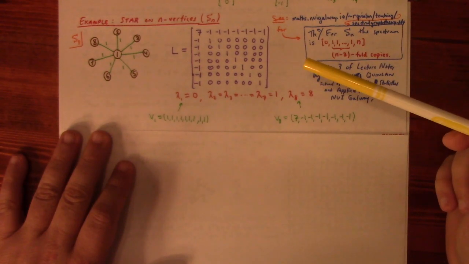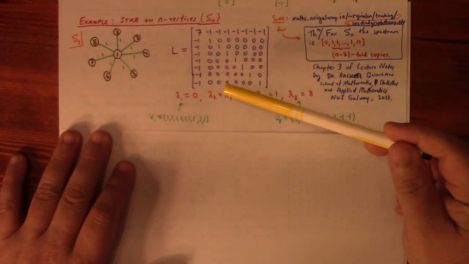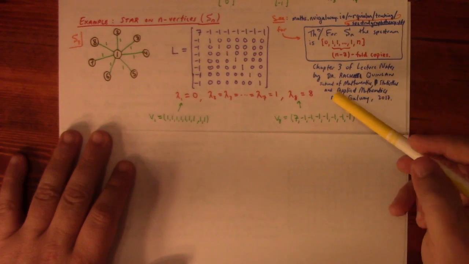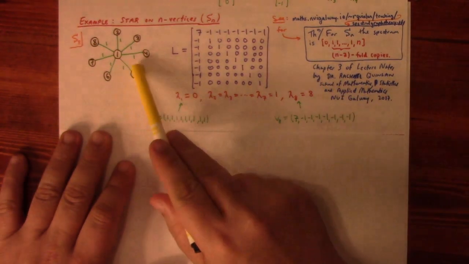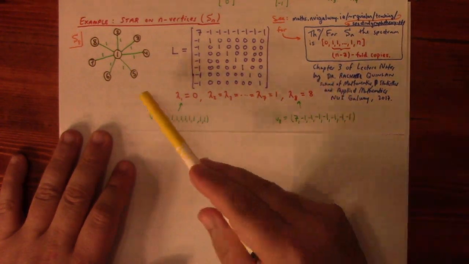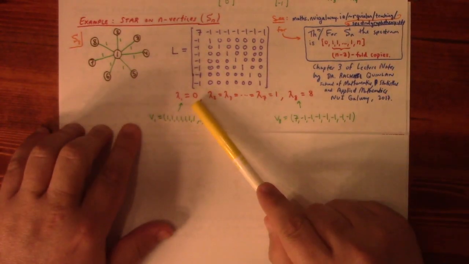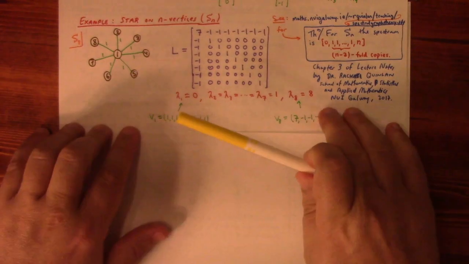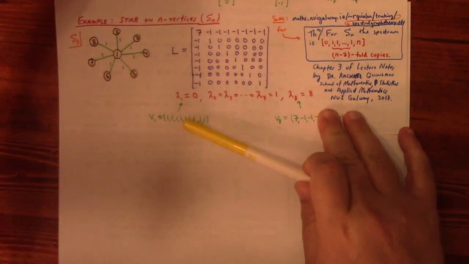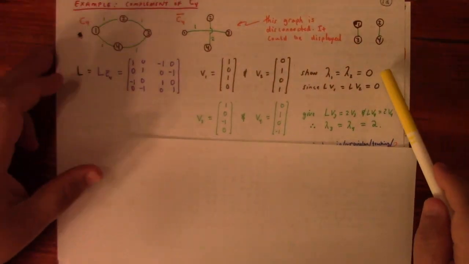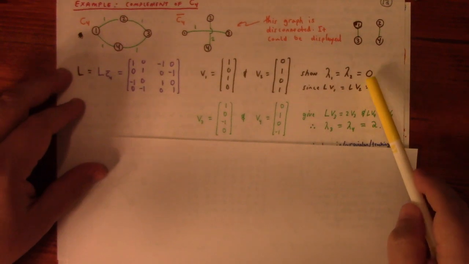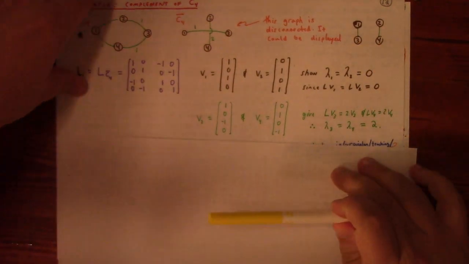This is the spectrum for the star graph. It looks like this. Again, notice that the largest eigenvalue for this weight 1 graph is not larger than the number of vertices. And the eigenvalue 0 for this connected graph was just multiplicity 1. In contrast, the eigenvalue 0 here was multiplicity 2, and this graph was not connected.